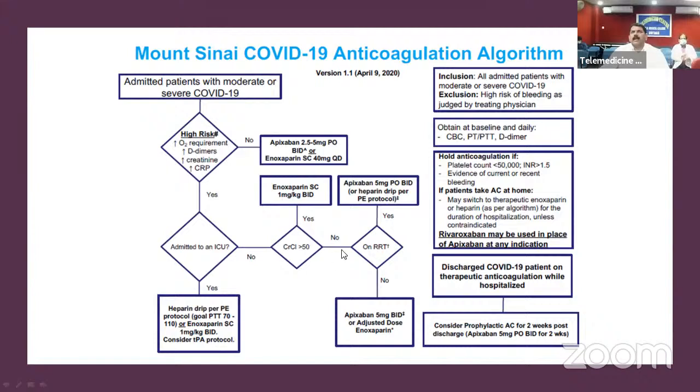And if the creatinine clearance is not more than 40, or the patient is on renal replacement therapy, dialysis, then you have to plan for a heparin drip or oral drugs like apixaban. And if this is no, then again the corrected dose of enoxaparin and apixaban.